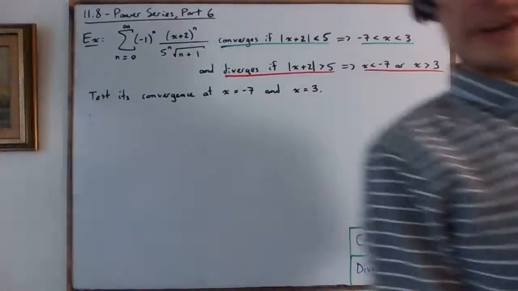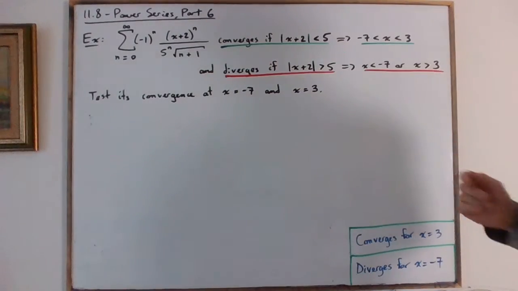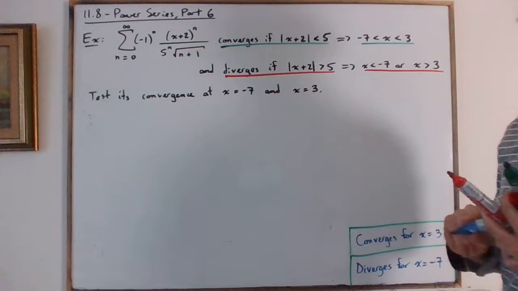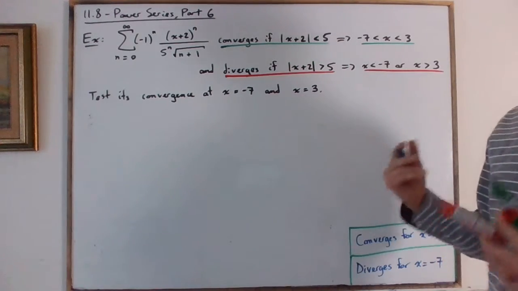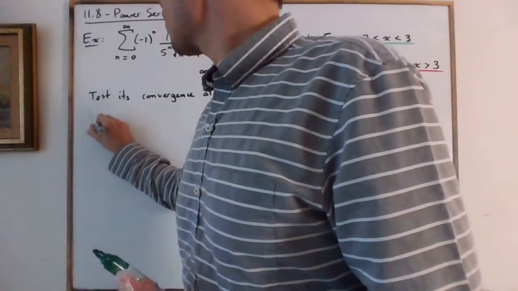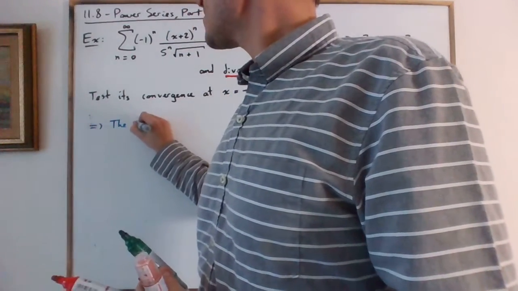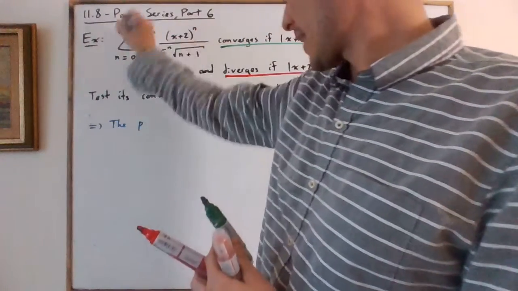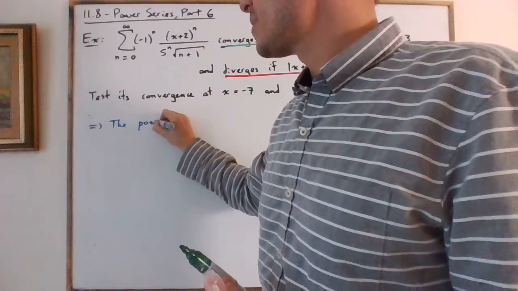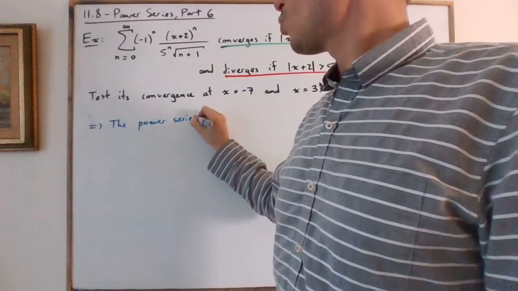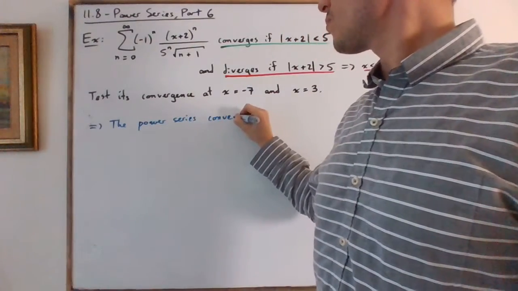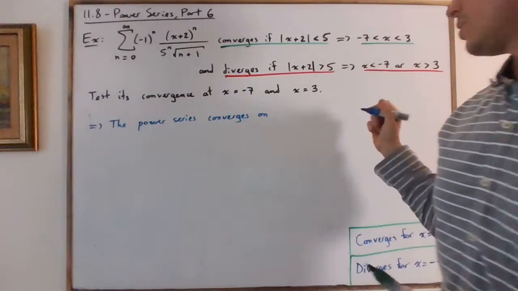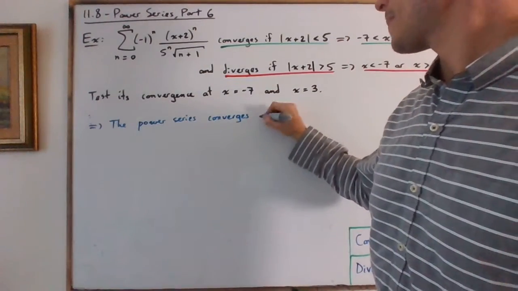So with all the work that we have accomplished here, we know all the values of x for which this series converges and all the values of x for which this series diverges. So the power series, actually, let's now call it a power series. We're talking about that big series over here. So the power series converges on this interval, right?